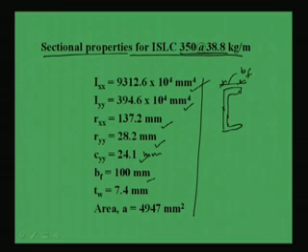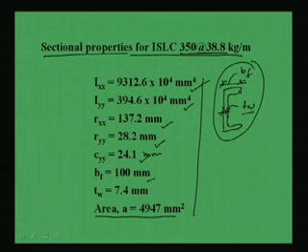The width of the flange is 100 mm, TW is the thickness of web, given as 7.4 millimeter, which will be required, and the area of the section is 4947 millimeter square. Remember, these are the properties of a single section given in the code.